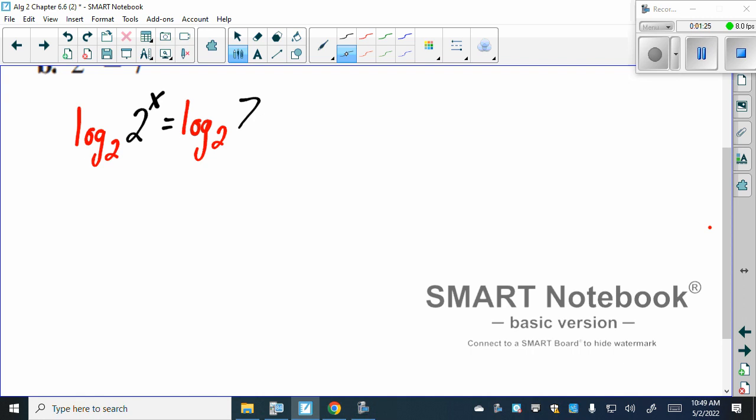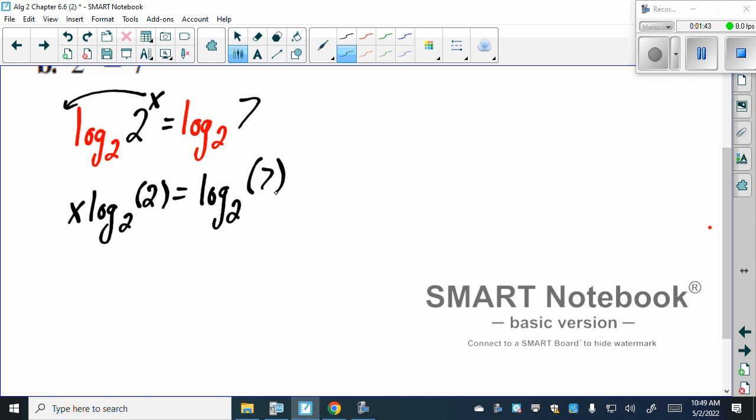Now, according to our exponential or power properties, we can move the exponent out front, telling us that we have x times log base 2 of 2 is equal to log base 2 of 7. So we use the fact that if the base and what's inside are the same, it'll simplify to 1, and our power property, which states we can move the exponents out front.